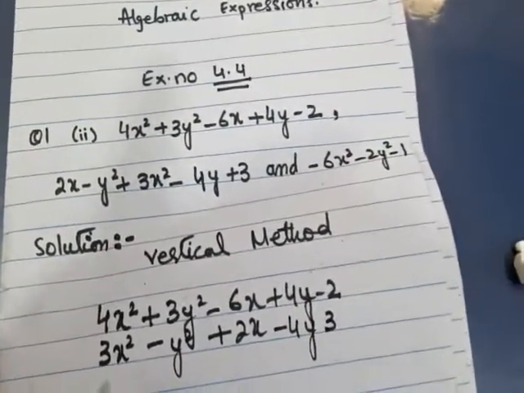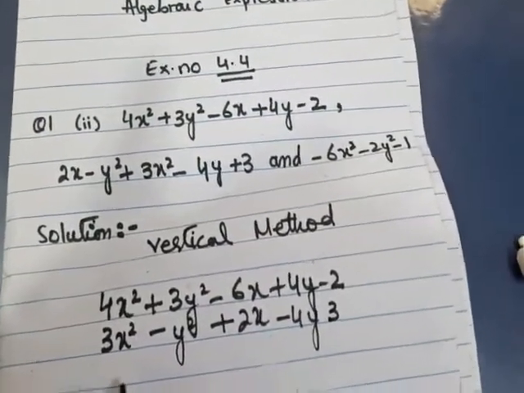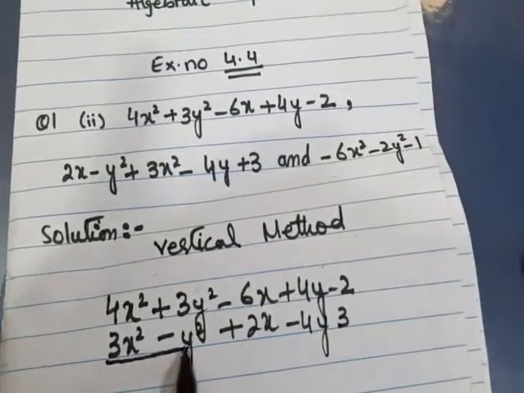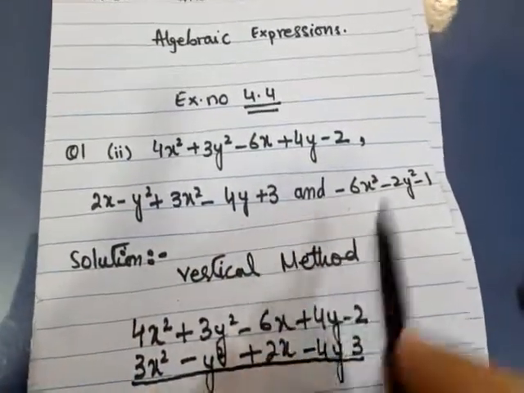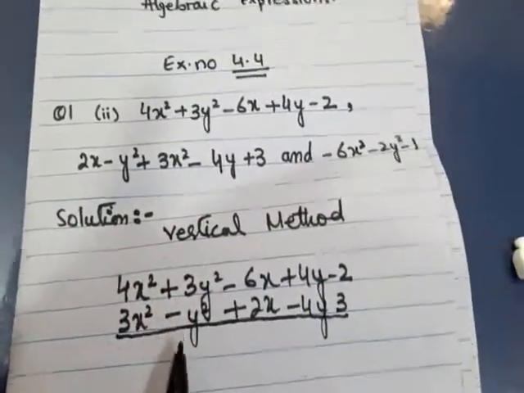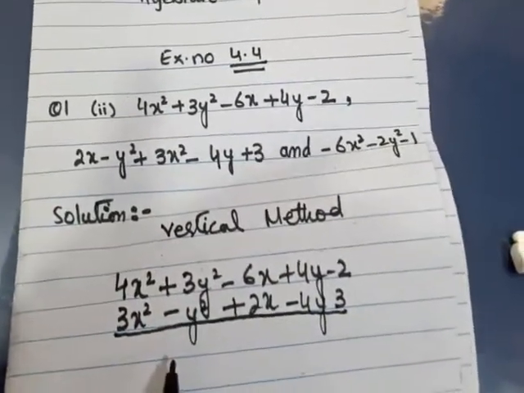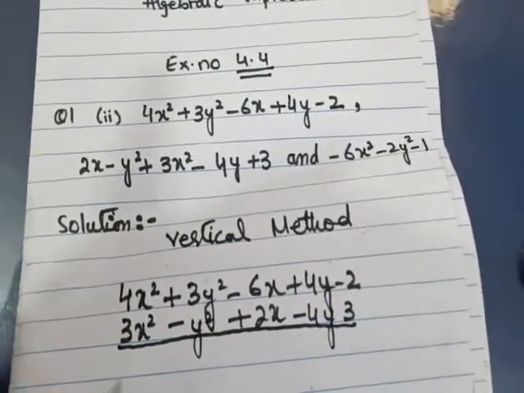After copying like terms together, we go for the solution. We can add all three expressions by first working out two expressions, getting that answer, and then solving the third expression with the answer of these two.